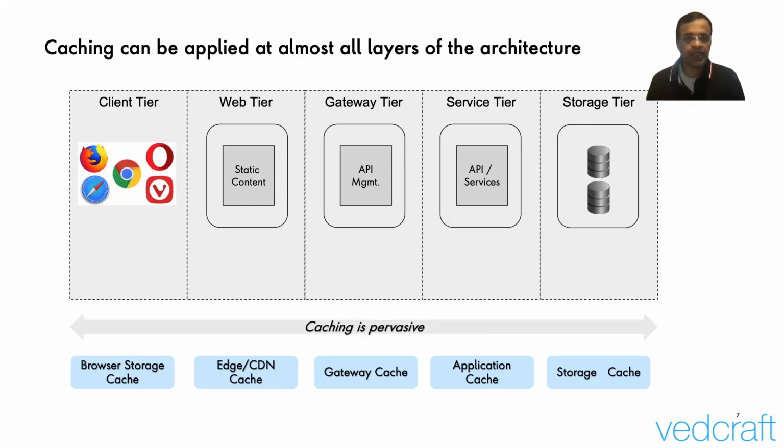Like if you're doing edge caching, you will use CDN. If you're doing it at a gateway API layer, you will use gateway caching. If you're using a service tier, you will use some in-memory data grid or caching technology. Or at a database layer, database systems also have their own caching implementation, but you can also cache the database results in in-memory data grid.